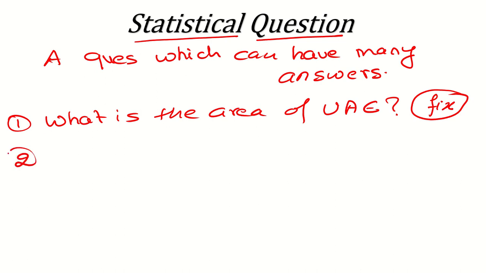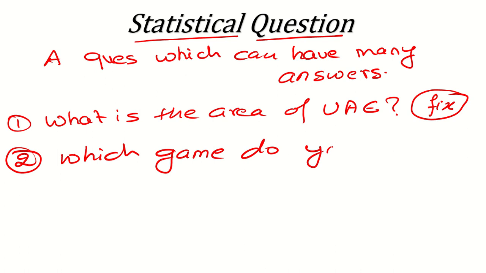But if I ask you the question, which game do you like most? This question cannot have only one answer. Some of you will say I like football, some will say I like cricket, some will say baseball, some hockey, and some will say video games.